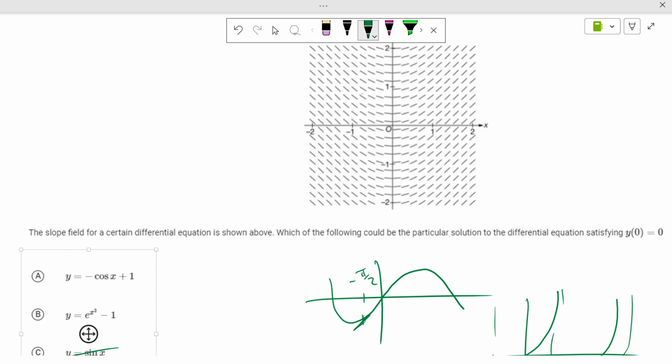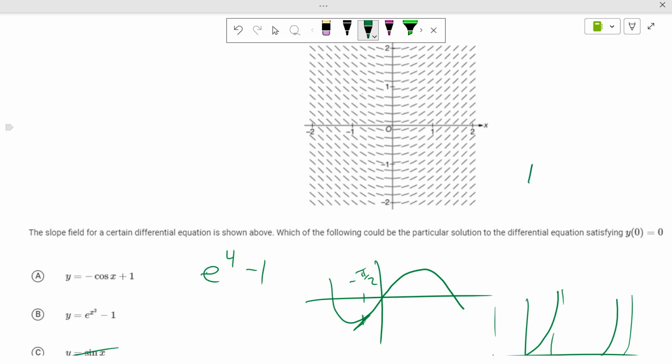How about at 2? What would this be at 2? That would be e to the 4th minus 1. What's e to the 4th power? That's something pretty big, isn't it? 2.7182818281828 to the 4th power would be about 54, minus 1 would be 53.